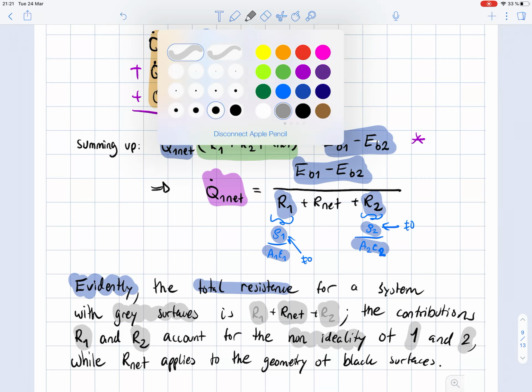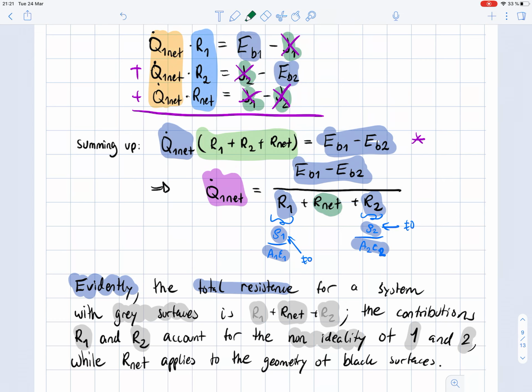R net applies to the geometry of an equivalent black surface. So that's a geometrical effect.